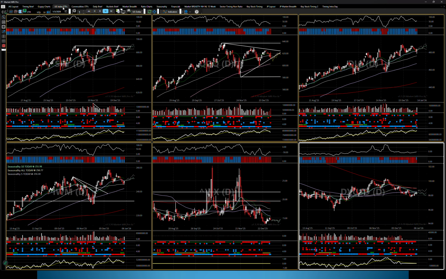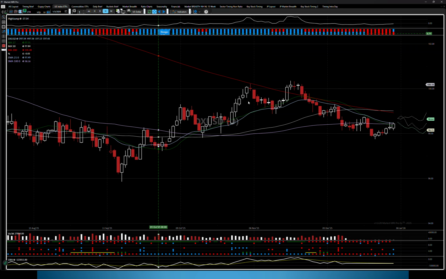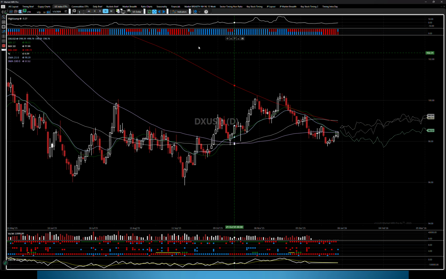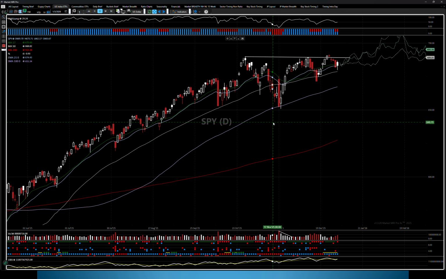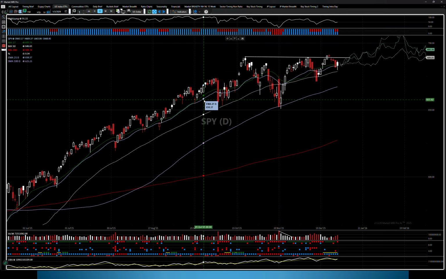I've made some changes in the layout. I've decided that I'm going to keep a couple of things on all of them. I've added the 21-day simple, which is the light blue. The reason why I added it was because I do watch, and I highly recommend it, so let me just show you.